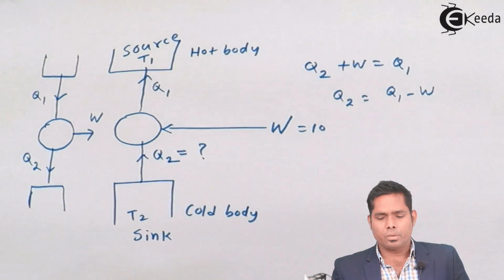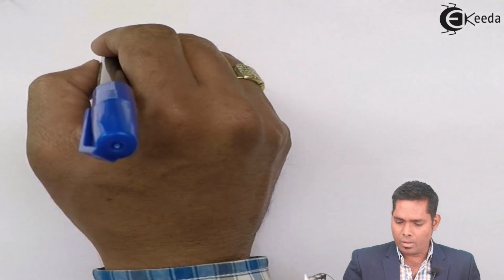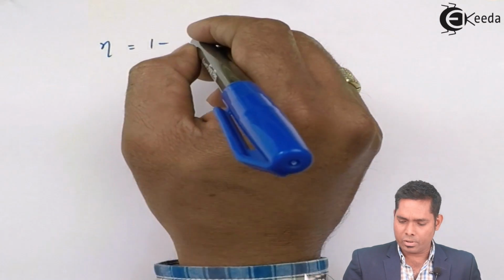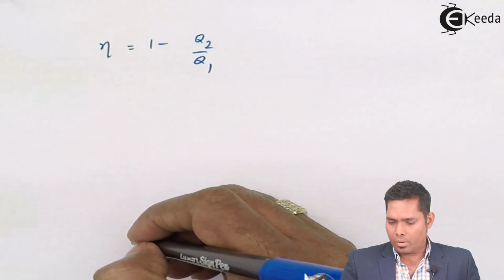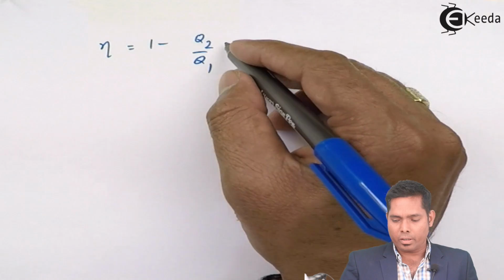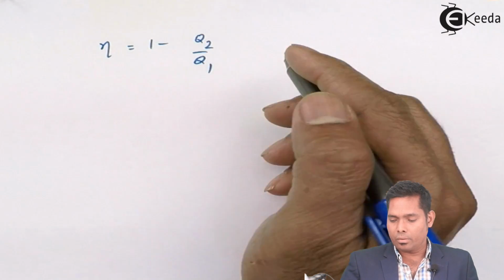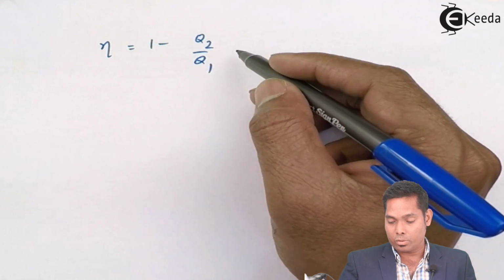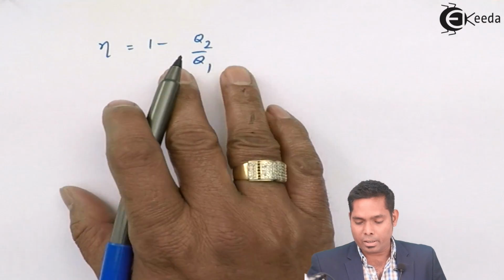So the efficiency of a heat engine is given by 1 minus Q2 over Q1, because that is output over input, what you want over what you supply.